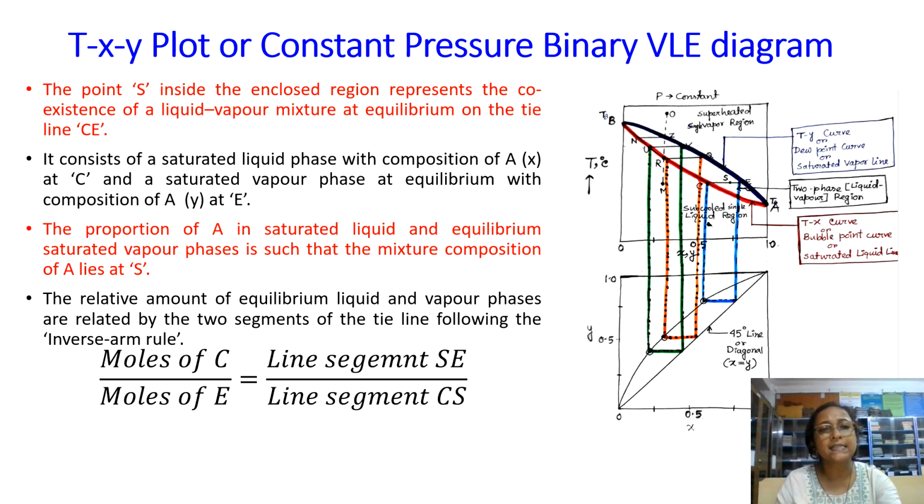Now the point S. Point S inside the enclosed region represents the coexistence of a liquid vapor mixture at equilibrium on the tie line CE.